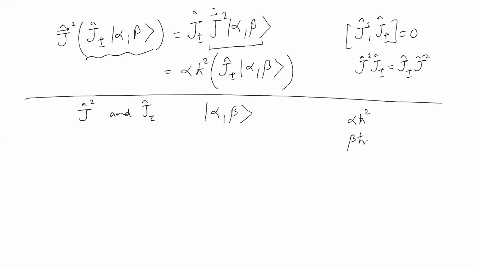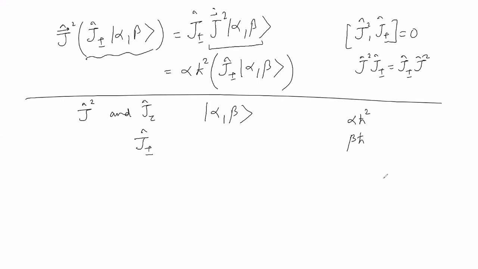Then what I had told you is that in order to determine alpha and beta, we are introducing raising and lowering operators. The work of the raising operator is to raise the value of beta by 1 unit without changing alpha. The work of J minus is to lower the value of beta by 1 unit without changing the value of alpha.